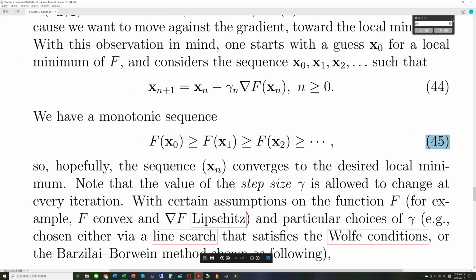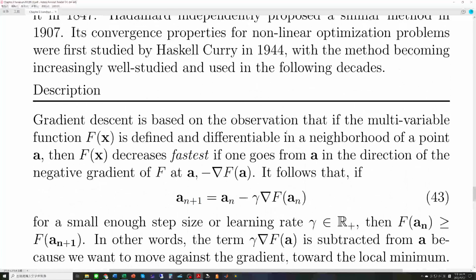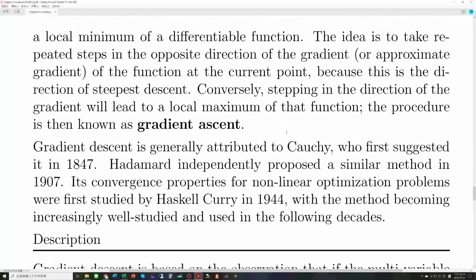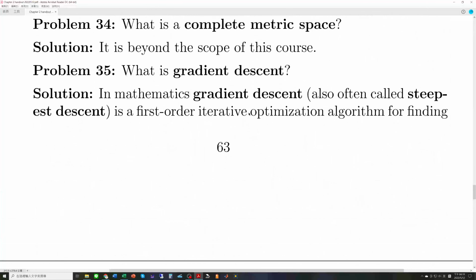Okay, let us review what we are talking about. We are talking about problem 35. What is gradient descent?